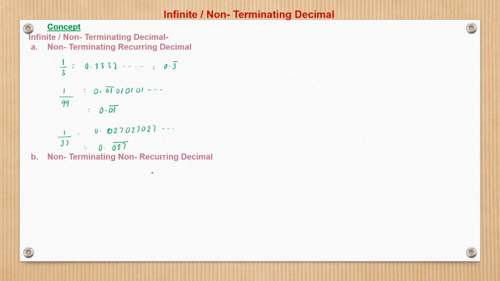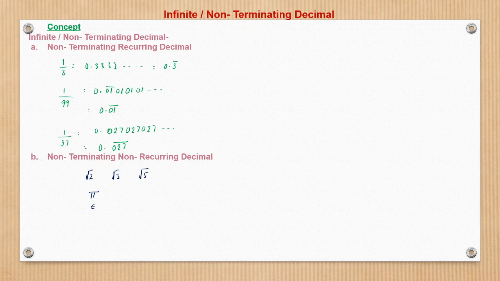Whereas non-terminating, non-recurring decimals are some special cases like square root of 2, square root of 3, square root of 5, then pi, we know, then e, all these special symbols are non-terminating, non-recurring.